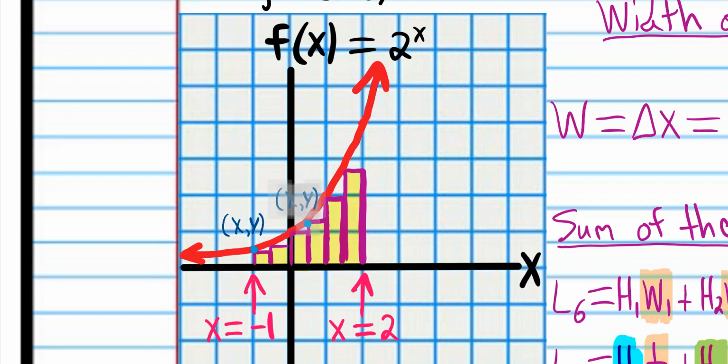Plug in 1/2. That gives you the height of the next rectangle. Plug in 1. That gives you the height of the next rectangle. Plug in 1 and 1/2. That gives you the height of the next rectangle. Again, we're plugging into this function. So that's how that works.